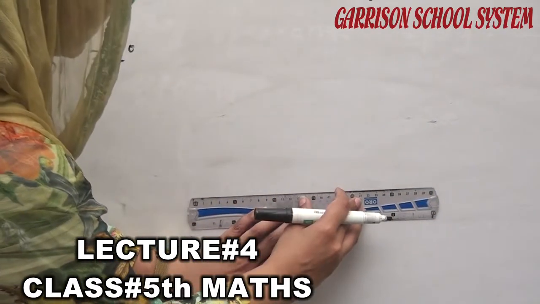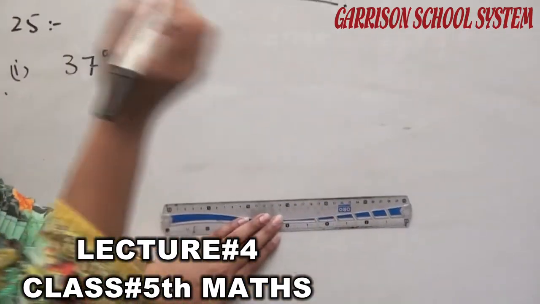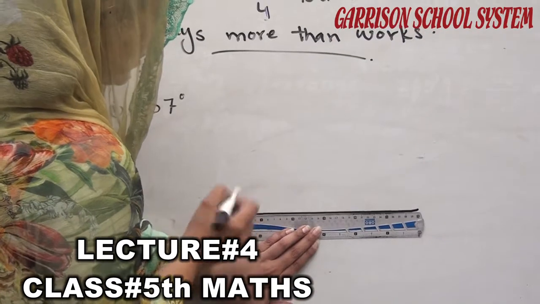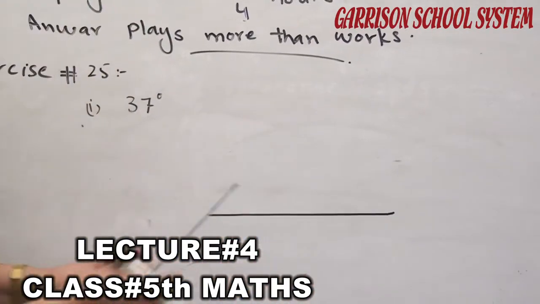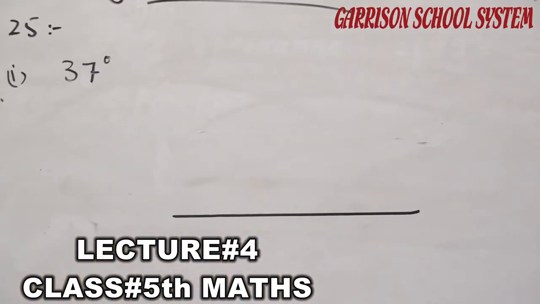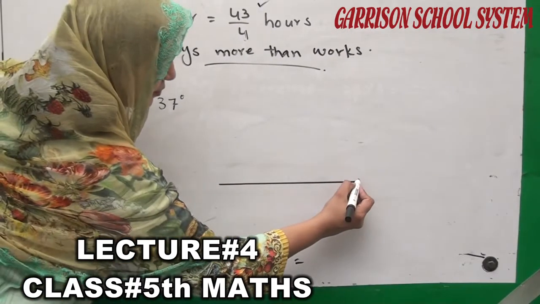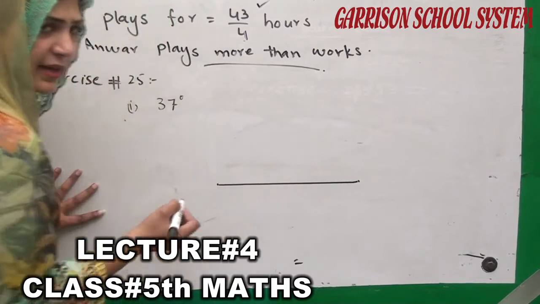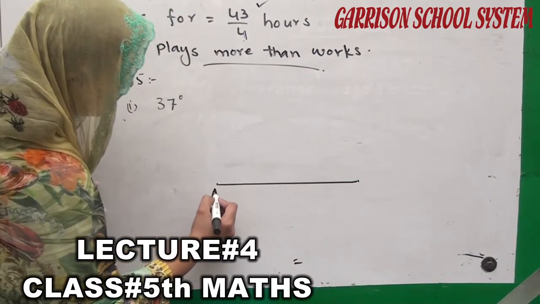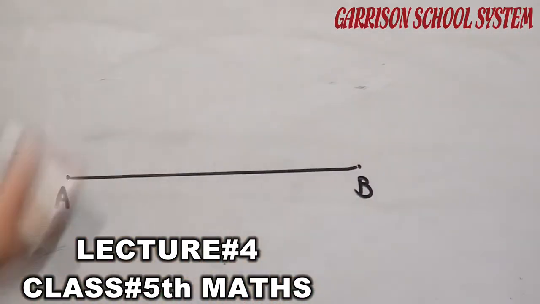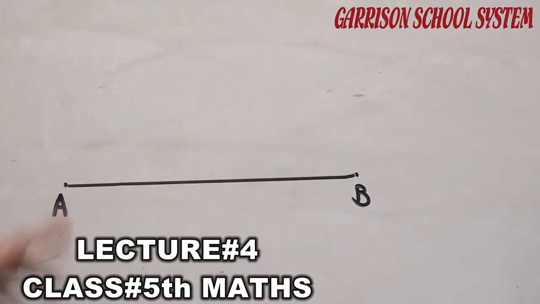Your pencil nose is fully sharp. This line, we can give both ends any name, for example, we can call it A and it is B. We named the ends of the line.